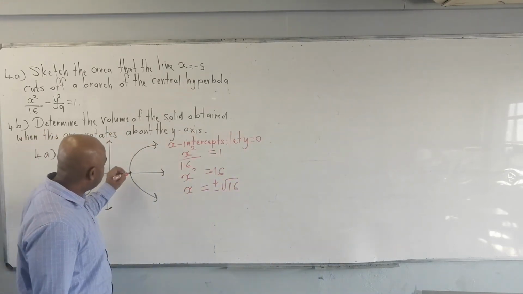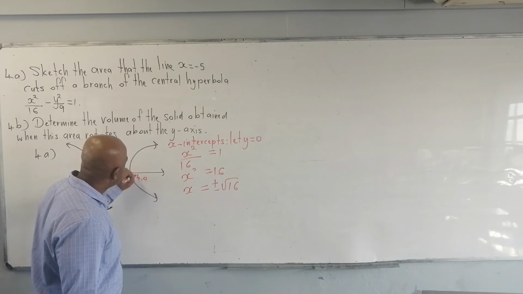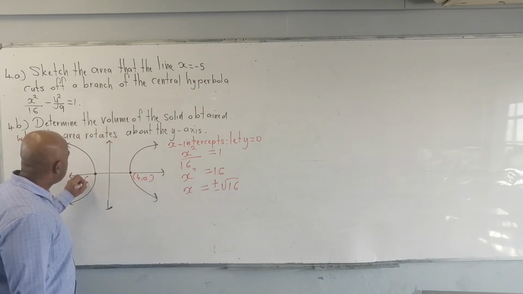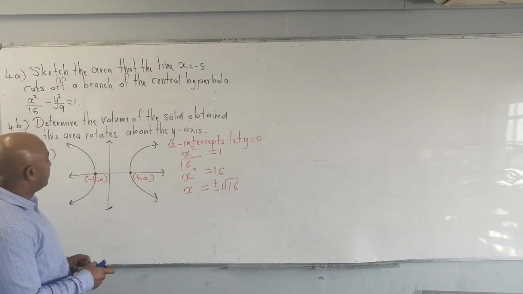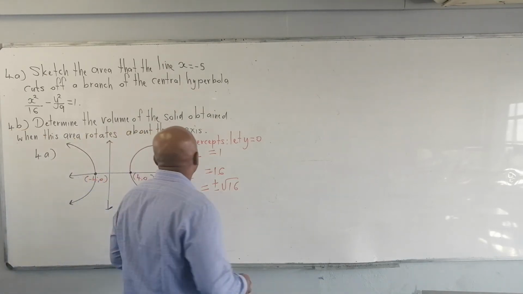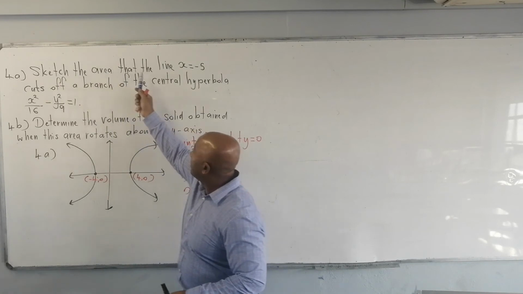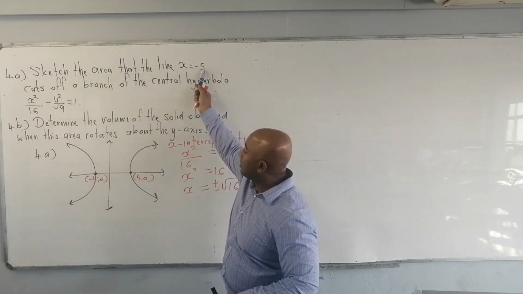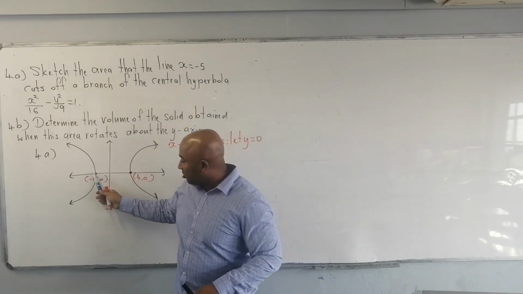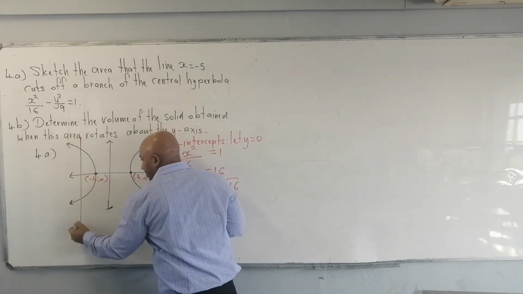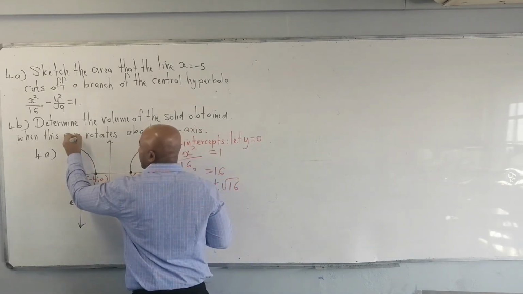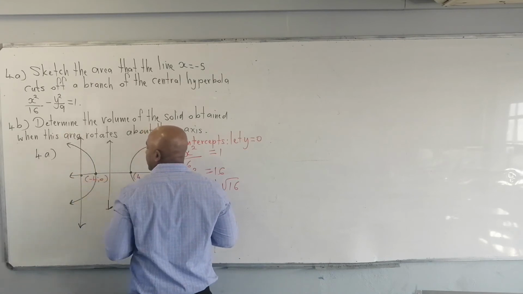So that means x is equal to 4, or x is equal to minus 4. Now, what else do we need here? Sketch the area that the line x is equal to minus 5. So there's minus 4. Minus 5 should be somewhere around here. So here is x equals minus 5.